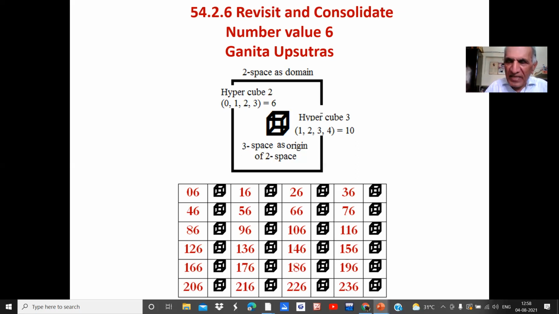One may further have a pause here and take note that 3 space plays the role of an origin of a 2 space. Therefore, it is the spatial order of the 4 space. Spatial order of the 4 space is hypercube 4 as a format parallel with the features and values of the idol of Lord Brahma, creator of the supreme, the overhead, overlord, presiding deity of the creators of space.